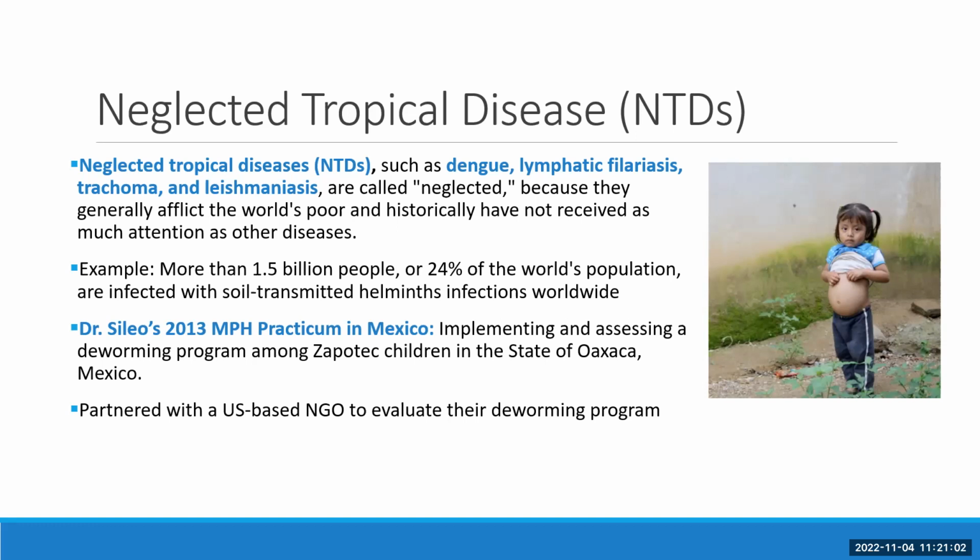So one thing we talked about was that it's not a moneymaker for pharmaceutical companies to work towards drugs that could alleviate or cure some of these problems, because if it does affect the poorest communities in the world, who's going to pay for it, right? So that's part of this problem.